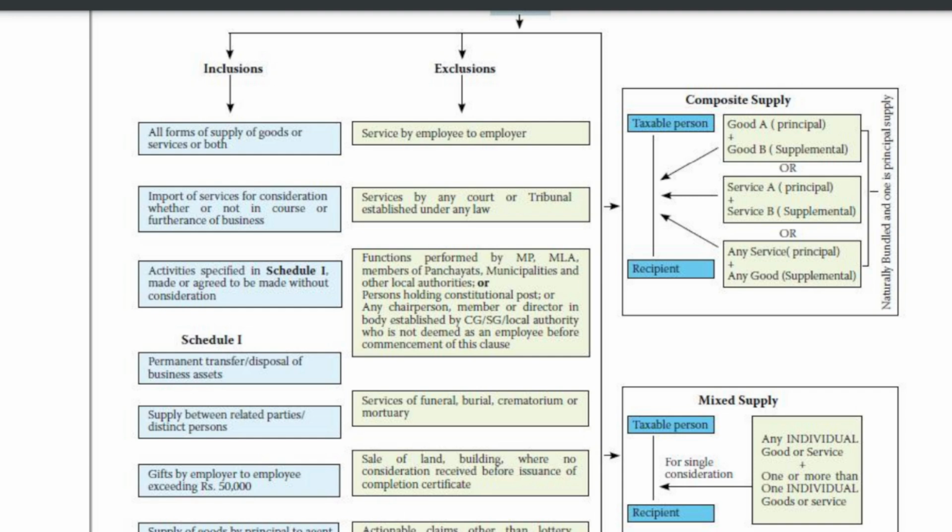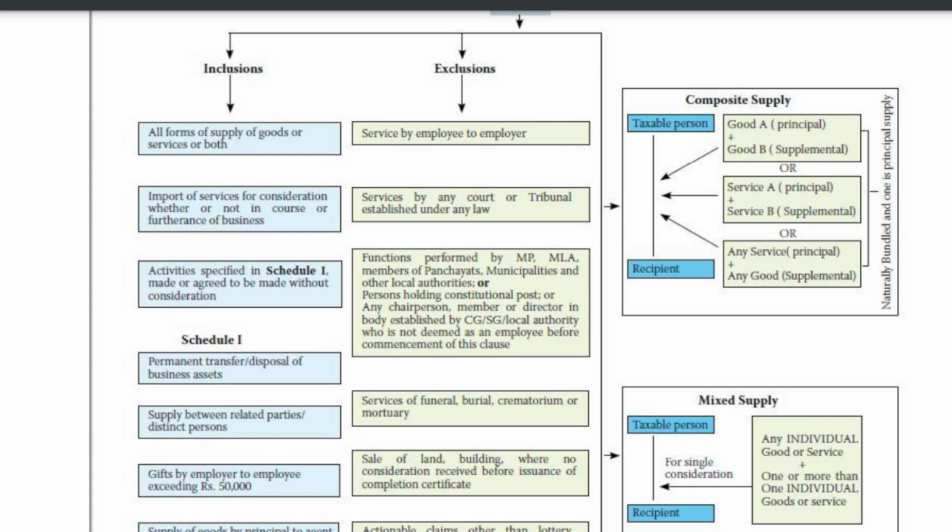So the GST rate applicable to the principal product will be applicable for the whole transaction. For example, if you are buying a mobile and a charger is also given with it, then the GST rate applicable is that of the mobile phone, and not for the charger.